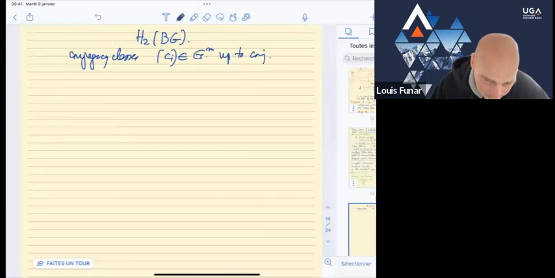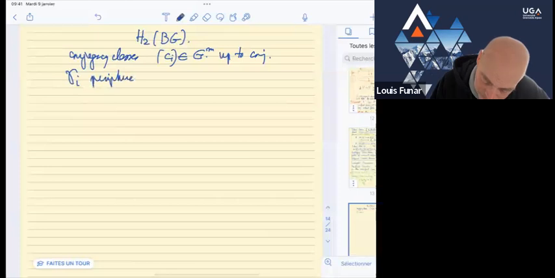And here I'm fixing gamma_i, the peripheral loops, and I'm fixing the classes C_i.